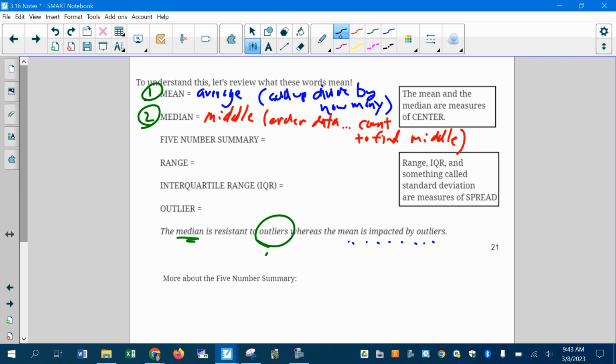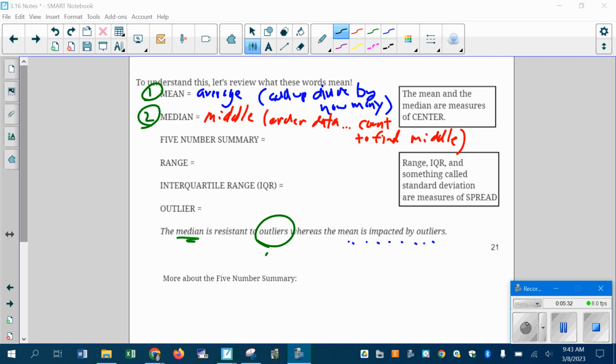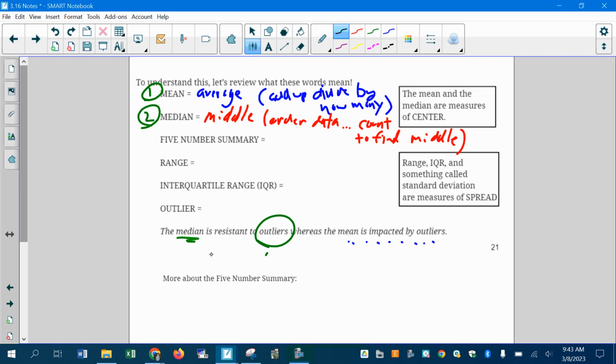If you're trying to figure out the center of a data set of test scores, and the test scores look like this: 76, 80, 84, 90, and 92.